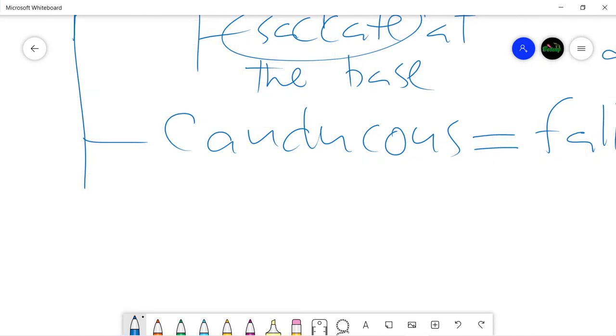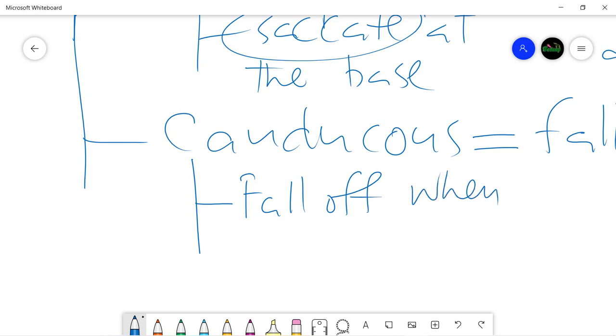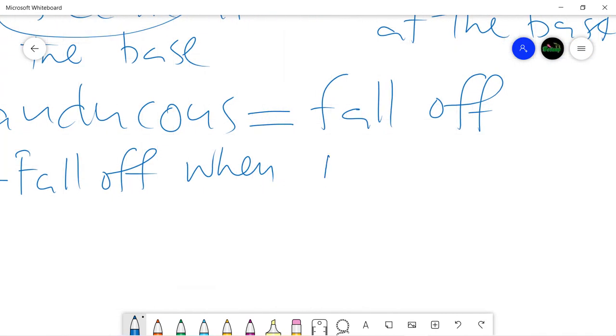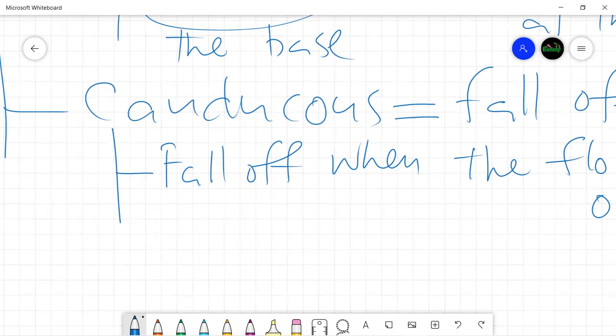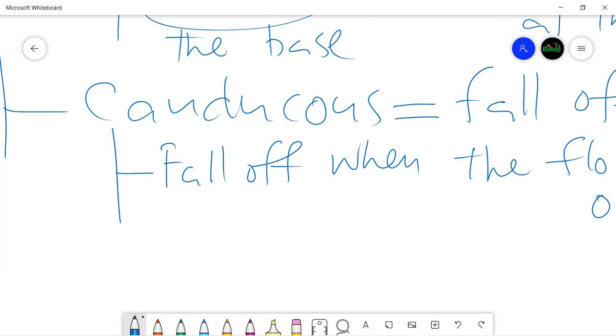So in case of sepals, caducous sepals are those which fall off when the flower opens. So when the flower opens, they fall off. So they fall off very early.